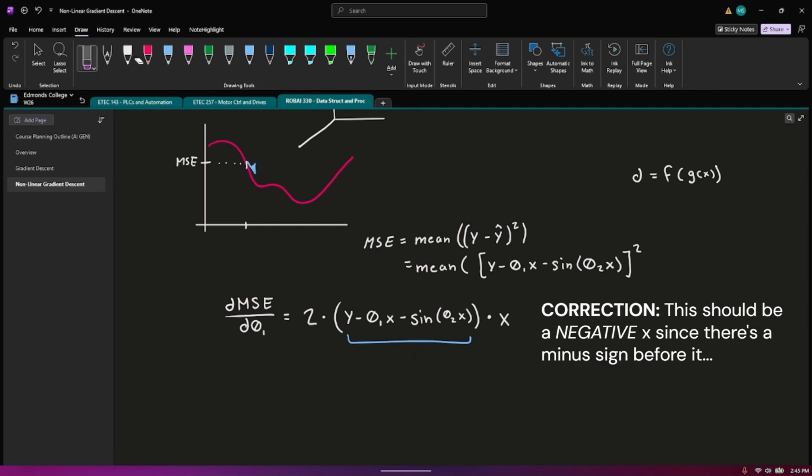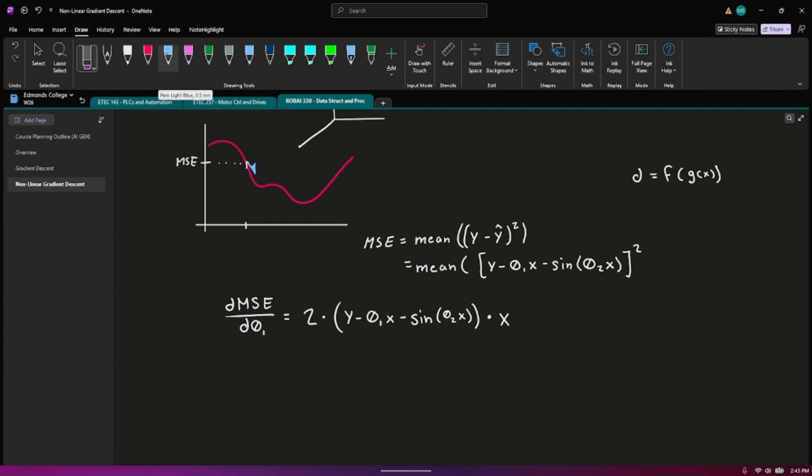Now this is where those partial differential equation skills come into play. We see this sine here, and we see a theta 2 in there, but we remember we're not taking the derivative with respect to theta 2. It's with respect to theta 1. So theta 2 is just a constant, which means this entire term is just a constant, which means it drops off.